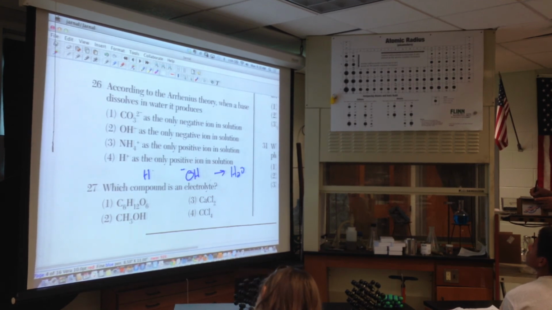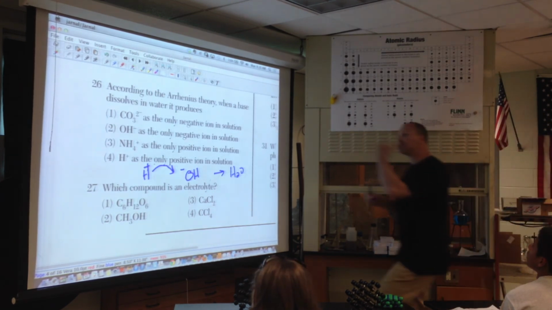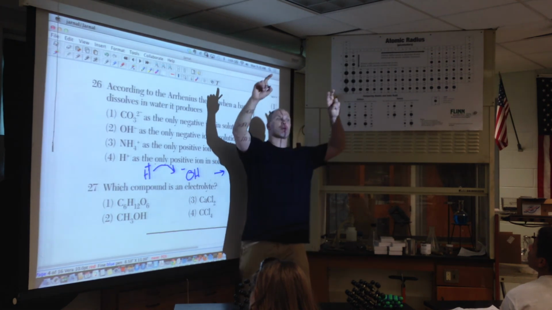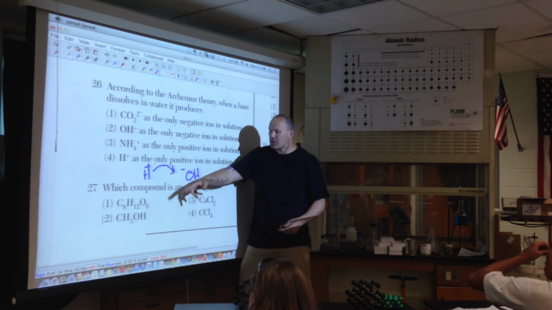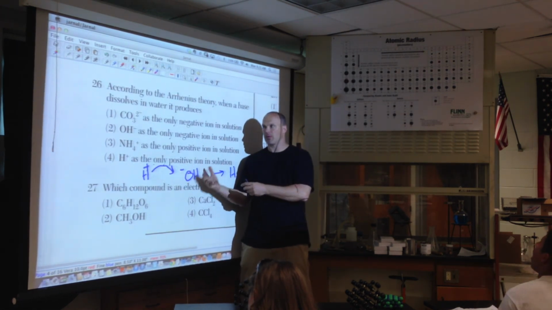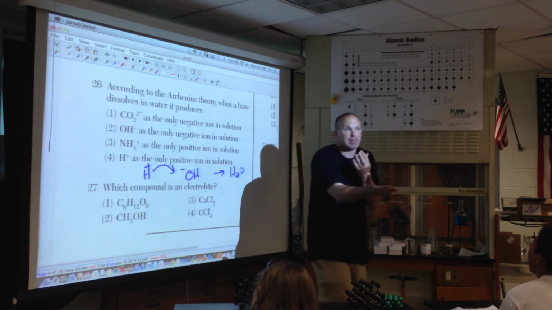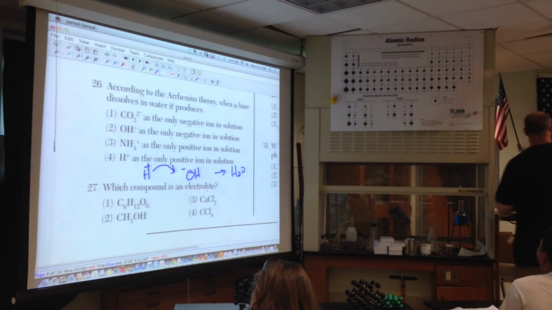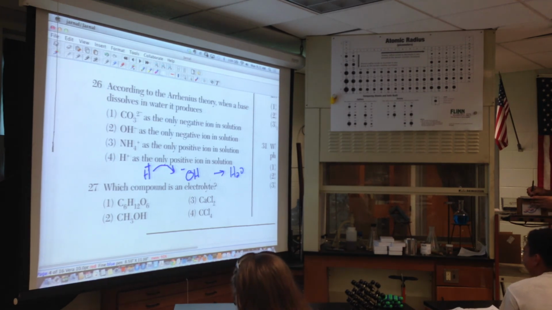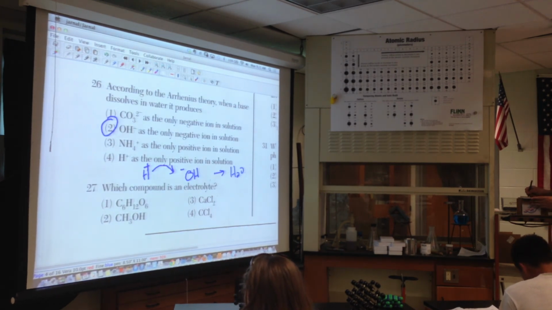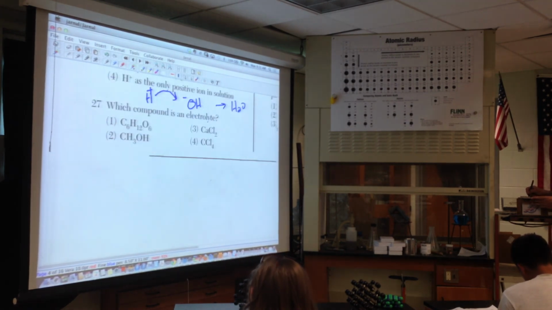They accept a proton. So the Bronsted-Lowry base is you accept a proton. And if you're an acid, you donate a proton. So it's very simple. OH minus is the only negative ion. 26 is 2.